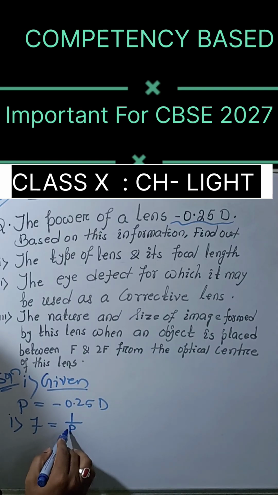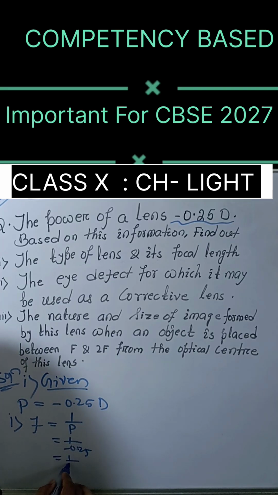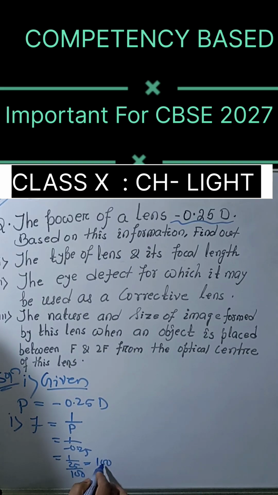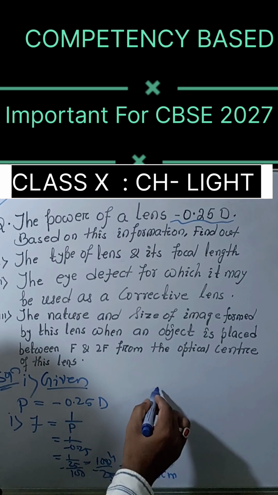So f is equal to 1 by P. This is equal to 1 by minus 0.25, which is 1 by 25 by 100. It will become 100 by 25, right? That is equal to minus 4 meter or minus 400 centimeter, right?